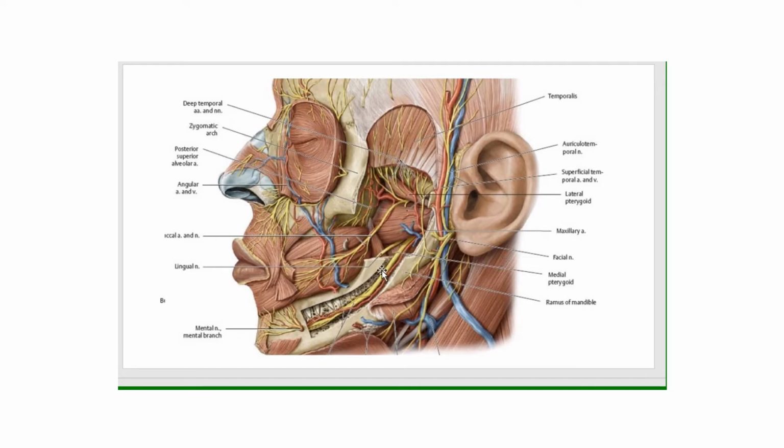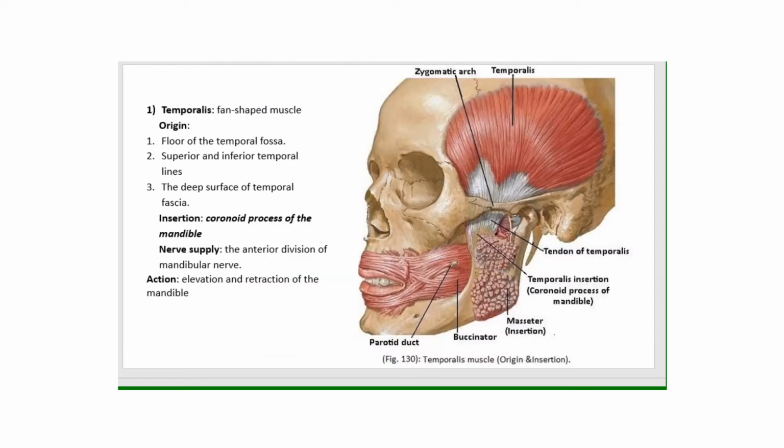This is the inferior alveolar nerve. This is the lingual nerve. This figure shows other contents of the infratemporal fossa.